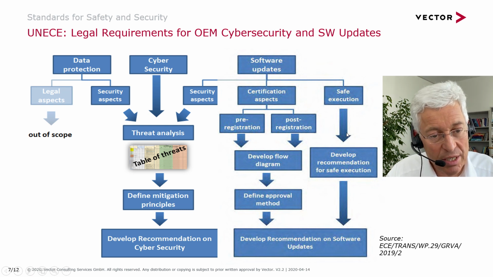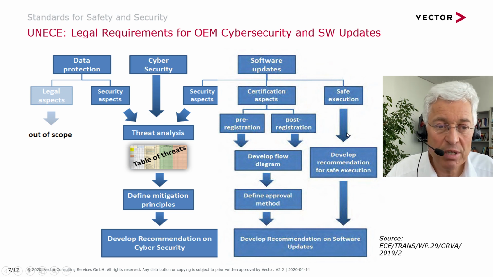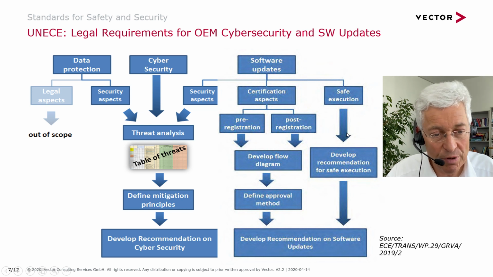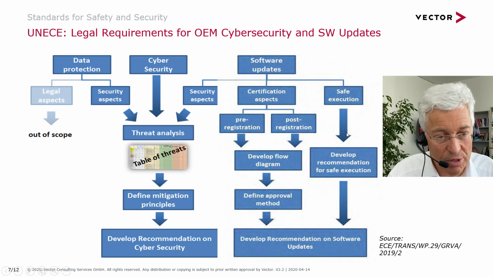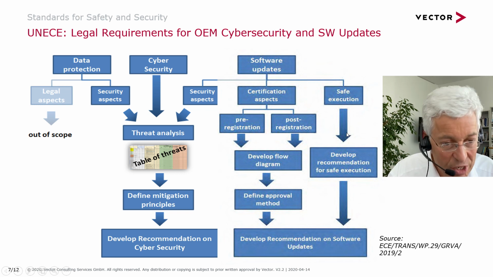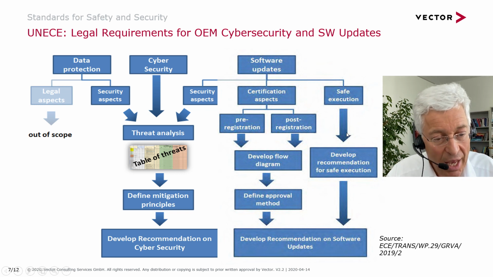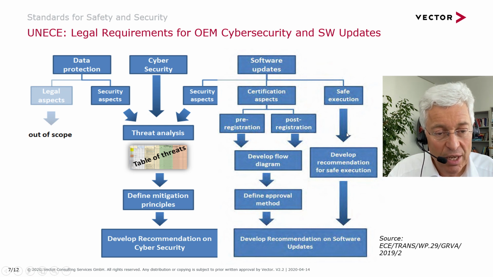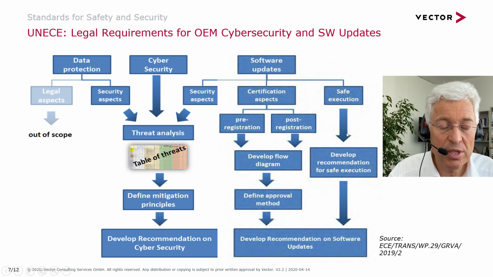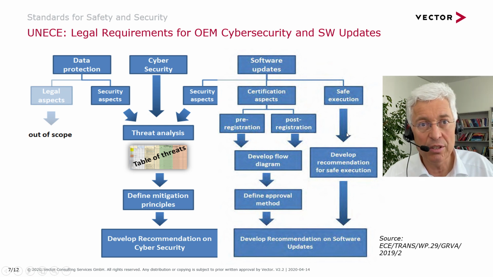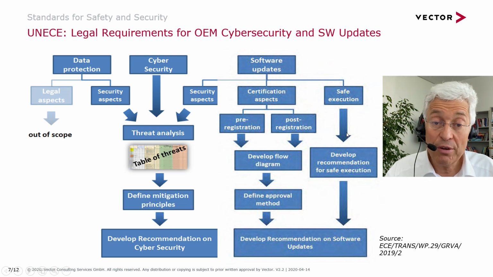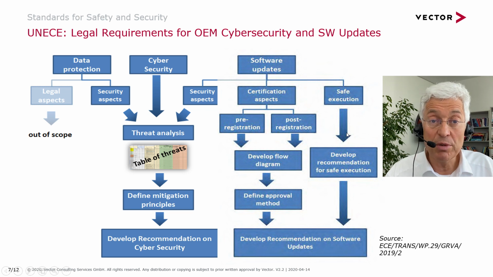The cybersecurity standard aligns pretty much with ISO 21434 in terms of life cycle coverage, in terms of threat analysis, which is risk-oriented cybersecurity, and in terms of ensuring that security is maintained along the life cycle.